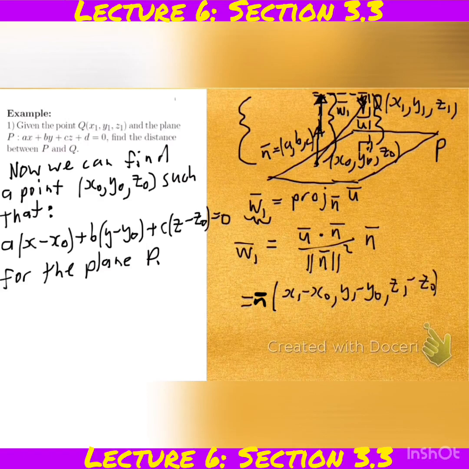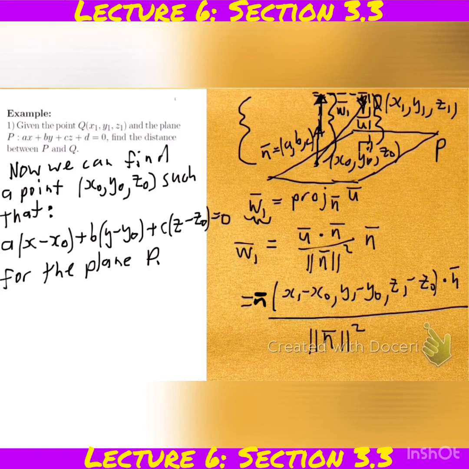Okay, so that is the vector dot product with n, and that I'm going to divide by the norm of the vector n squared. So that's what the vector w1 is equal to.